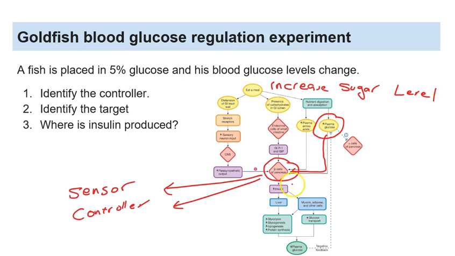These beta cells produce the insulin, and the insulin through the blood circulation goes to the target cells, which are the liver, muscle tissue, adipose, and the other cells.